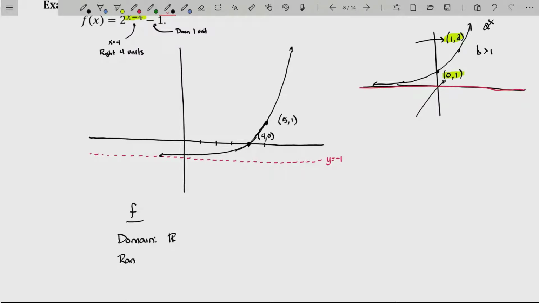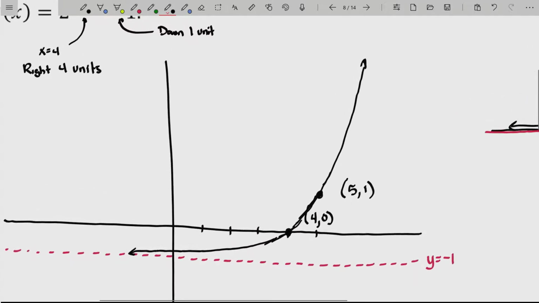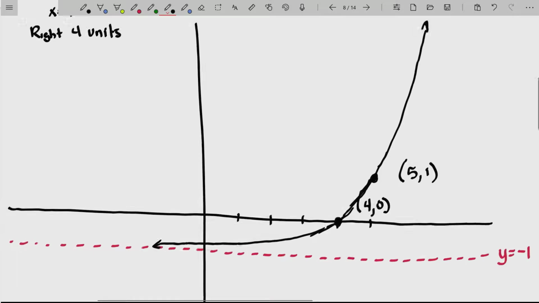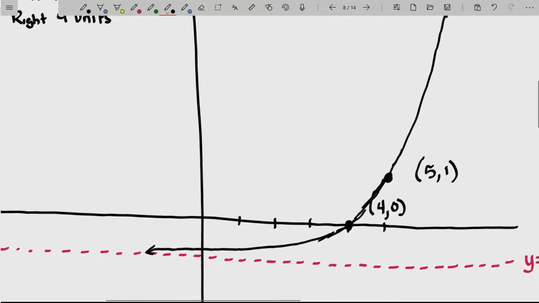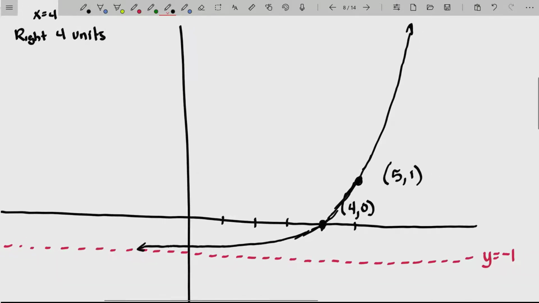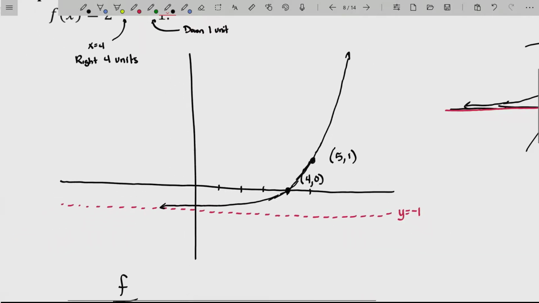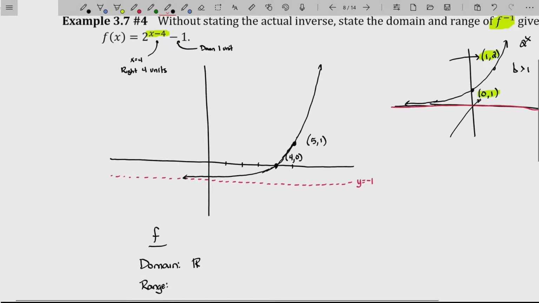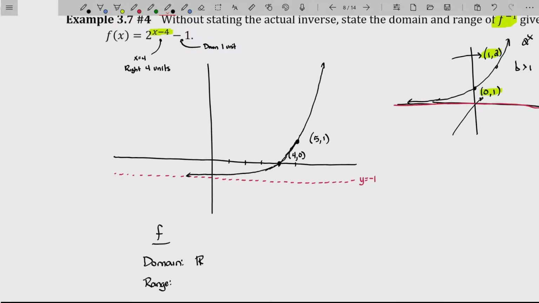On the other hand, the range of this picture, well, you can see because we have a horizontal asymptote at negative 1, this exponential function will never actually touch that horizontal asymptote. And so our graph does not actually achieve a y value of negative 1, but it gets really close to it. And it climbs all the way up to infinity.